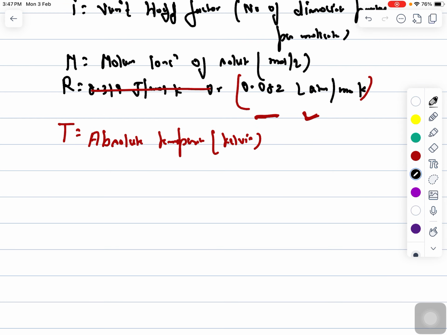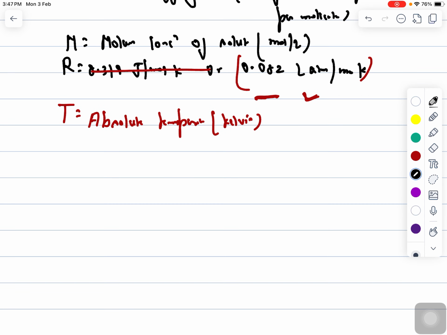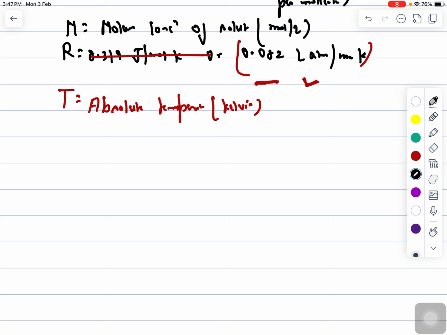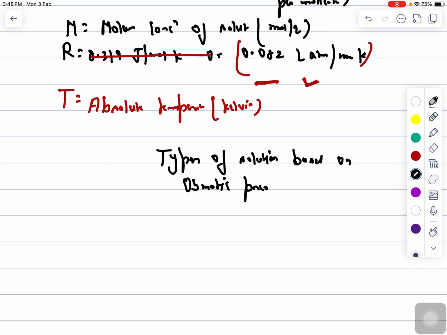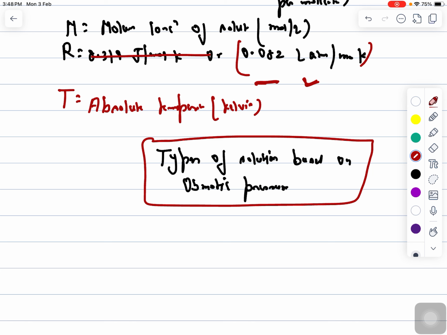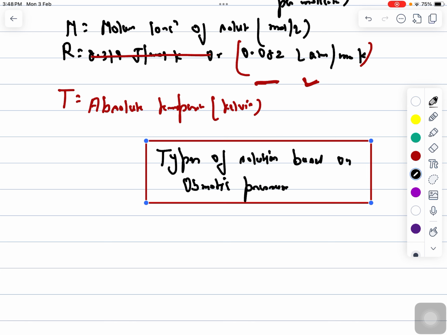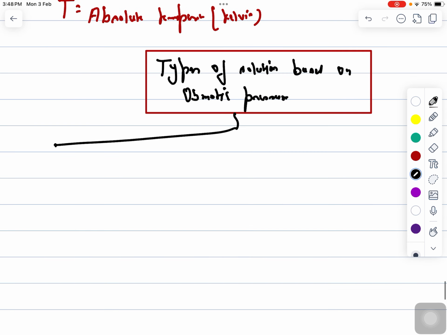Now, based on the osmotic pressure, we can have a solution, right? And we can categorize the solution in different forms. So let's say types of solution based on osmotic pressure, and here I'll be talking about three solutions.